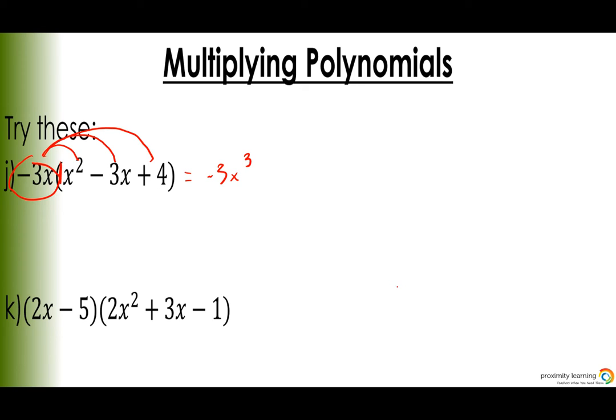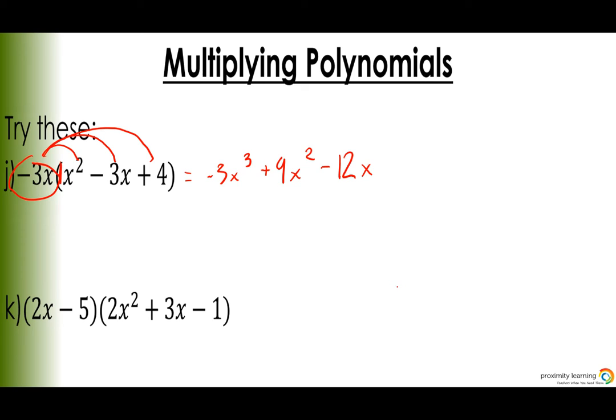Now we're going to do -3x times -3x. -3 times -3 gives us +9, and then x to the first times x to the first gives us x squared. -3x times +4: -3 times +4 gives us -12, and then we slap x on it.